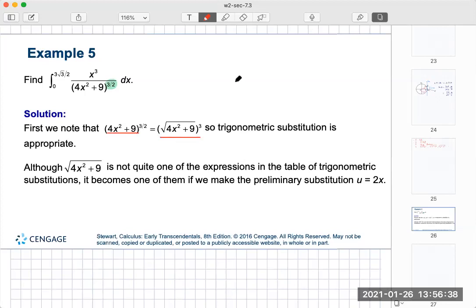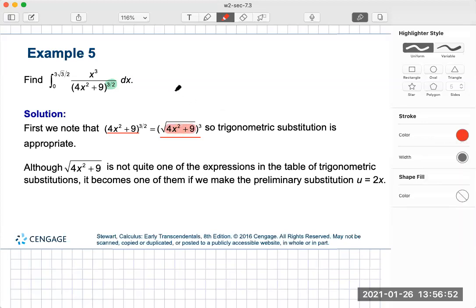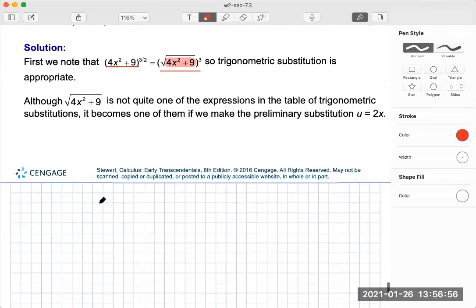Now, the things under the radical signs here look similar to what we have done, right? So our job is to define. So look at the strategy. What should we define? Tell me.